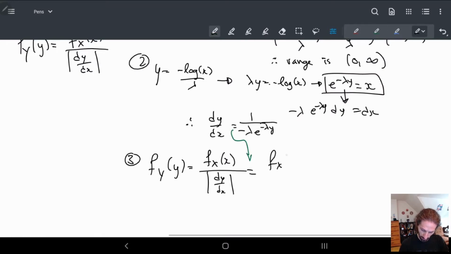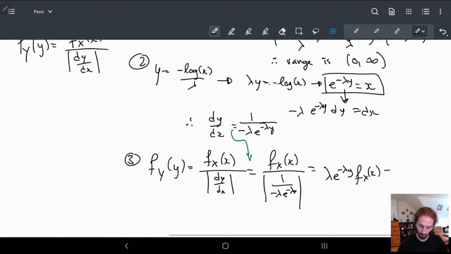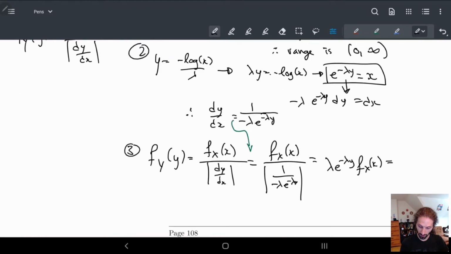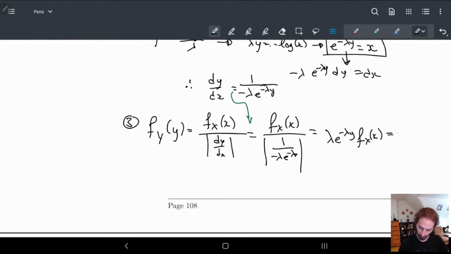We get f of x over the absolute value of 1 over minus lambda e to the minus lambda y. And then this absolute value removes the minus sign and we flip the thing on top. So we get lambda e to the minus lambda y. And then we still have f of x to worry about. But f of x, remember, is just 1. So we just plug in 1. And that's our density formula.